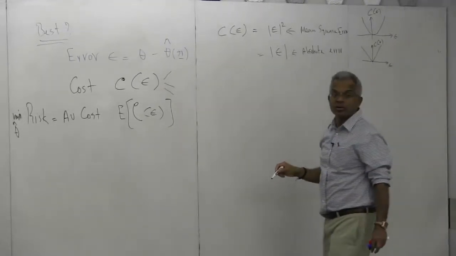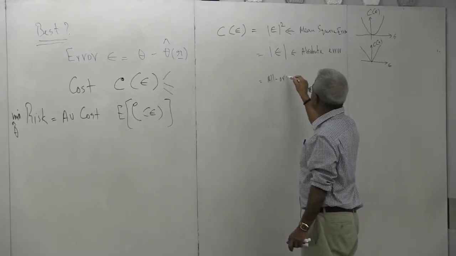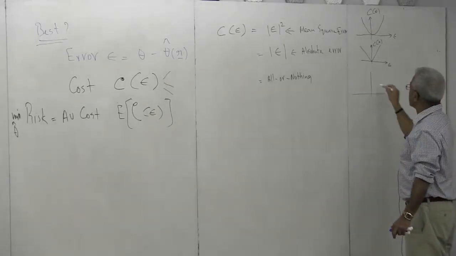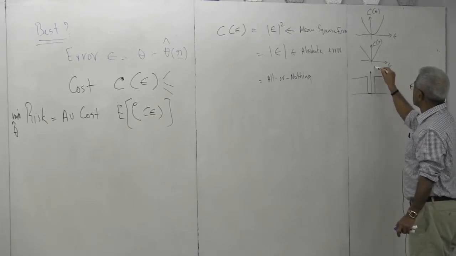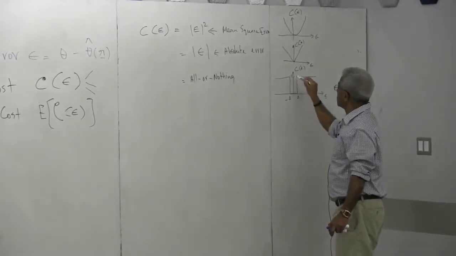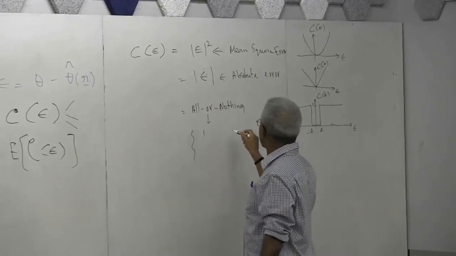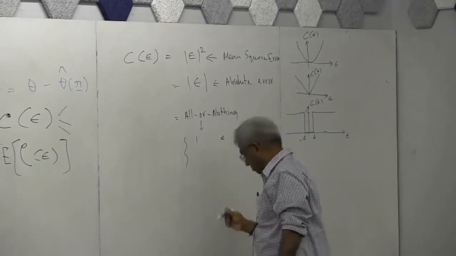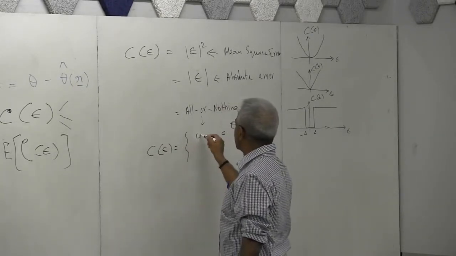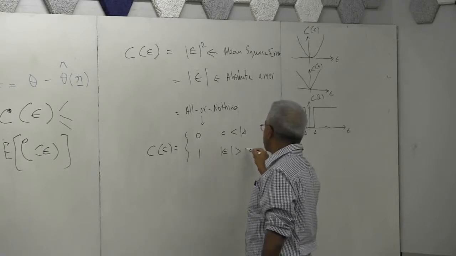Or let me give you one more example. What this says, in particular, is that the cost function is 0 if the absolute value of the error is less than delta, and it is 1 if the absolute value of the error is greater than delta.